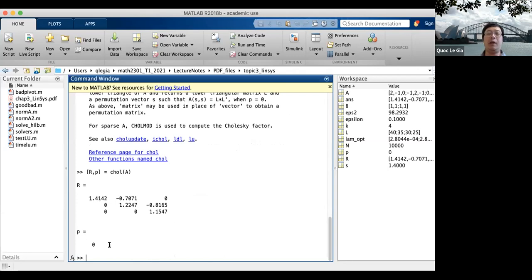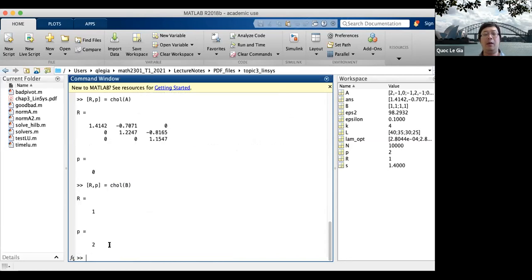So the matrix is positive definite. Now if I replace A by B, you see R equals 1 and P equals 2. This means that the matrix is not positive definite. Otherwise, it produces a 2 by 2 upper triangular matrix and P equals 0.